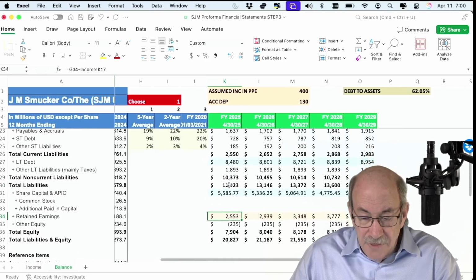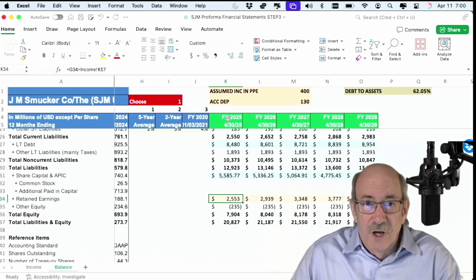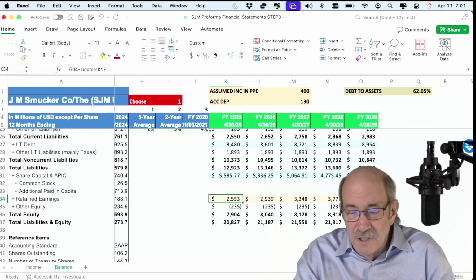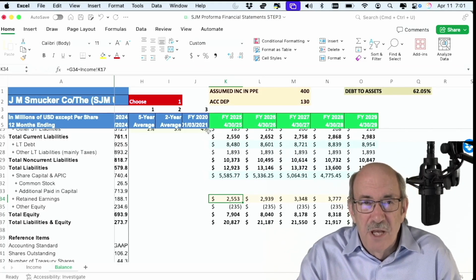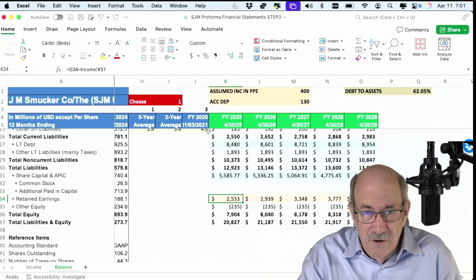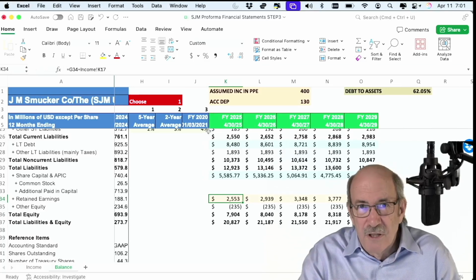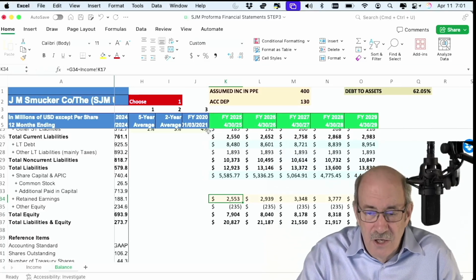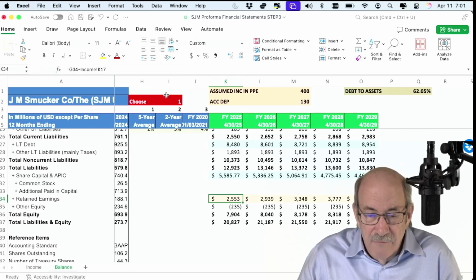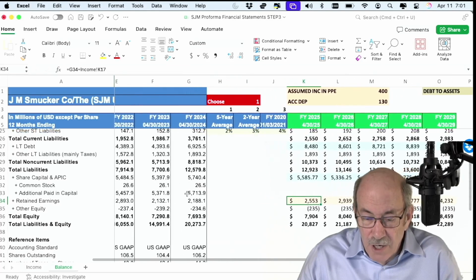Okay, so before we get there, we've got to do something with our retained earnings. Because remember, we've got the net income that didn't get paid out as a dividend over on the income statement. And we have to bring it over here to the balance sheet and add it to the accumulated value in the prior year.